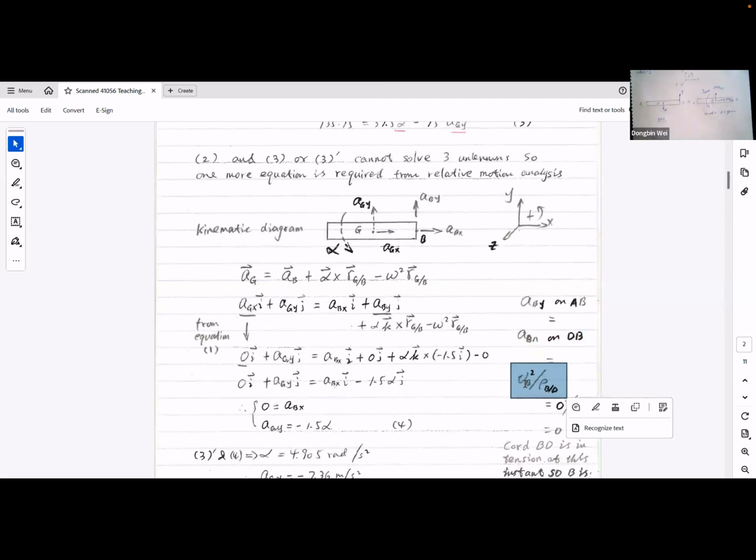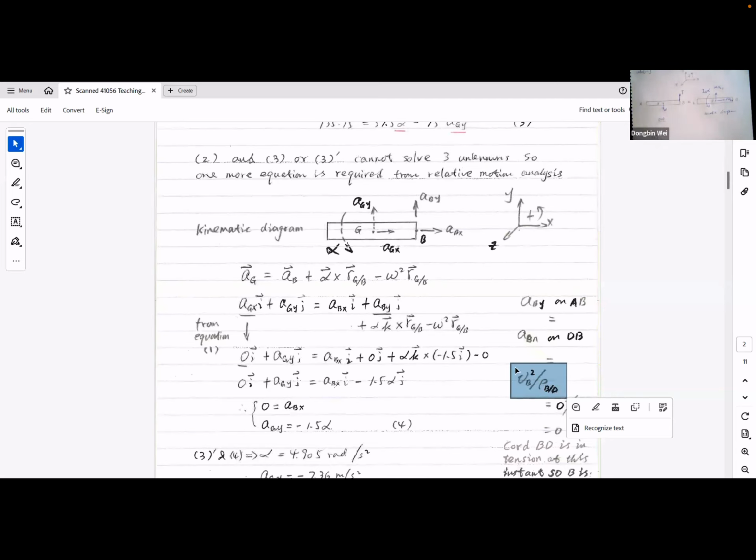In this equation, VB is the velocity at point B on the cord DB, and rho B/D is the distance from B to D. Because of the tension force in the cord DB, the distance from B to D can be easily determined.